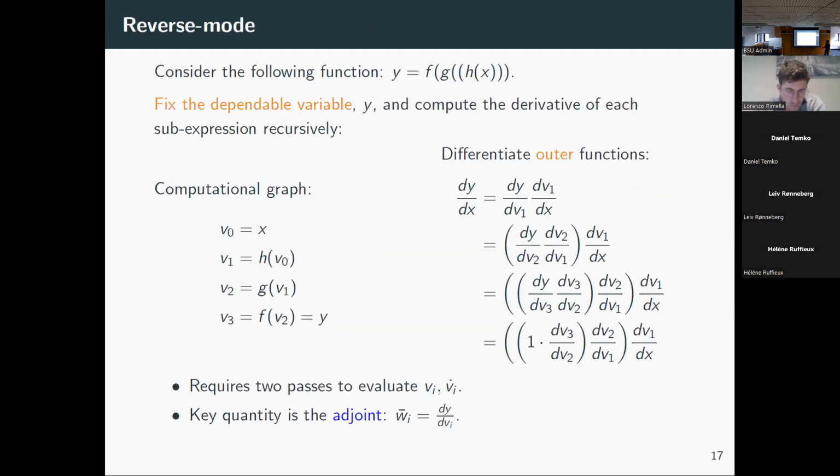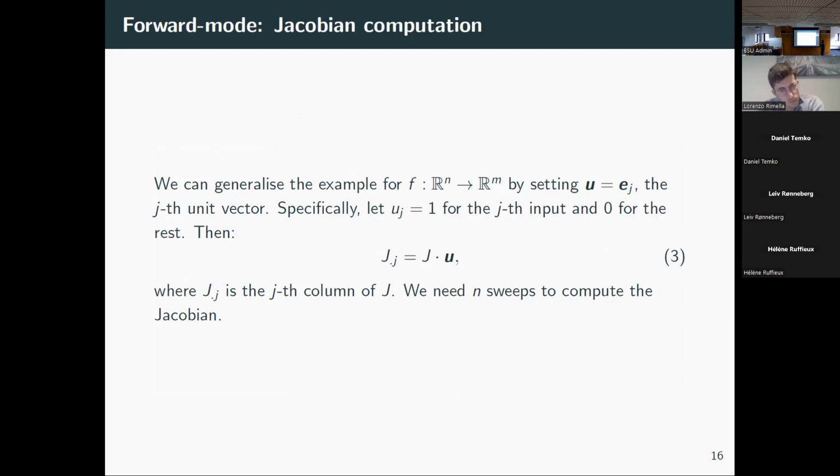If you take the initial tangent vector as a unit vector, setting one input to 1 and every other input to 0, then in each evaluation you compute one column of the Jacobian.